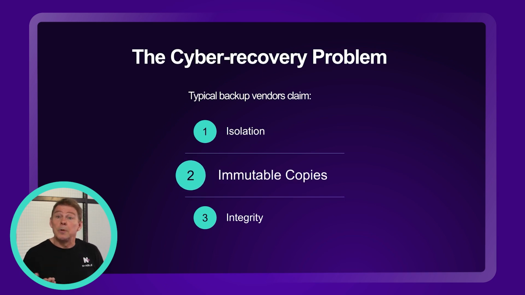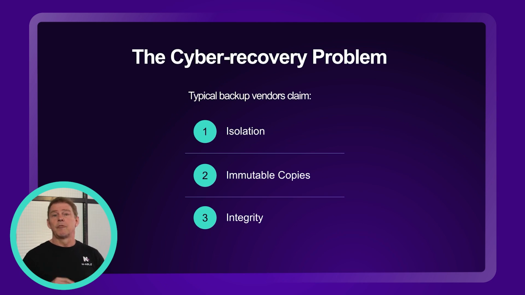We have immutable copies. That's a term we hear. So how do I make it difficult for the bad actor to delete or modify the backup copy so that it's useless upon recovery? And then lastly, integrity, some form of anomaly detection that makes sure that I can distinguish between a good copy and a bad copy. Those are generally the attributes, and we believe in those as well.